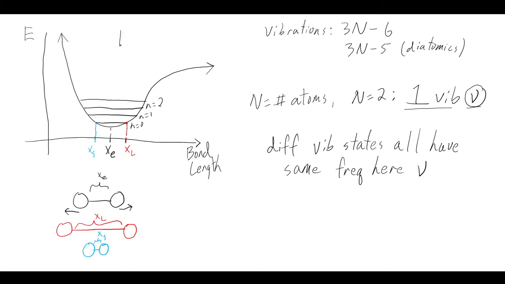Okay, since this is a diatomic, there is only one vibration, but that vibration is able to be amplified if we add energy to it. Okay, so the different vibrational states here all have the same frequency, but have different amplitudes. And so that's what's happening when you're adding energy, shining light on a molecule.